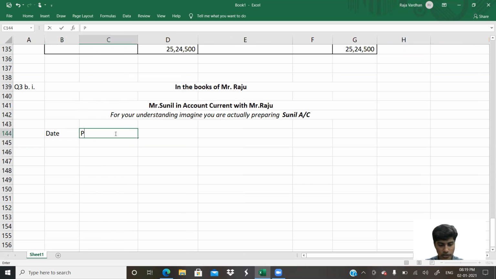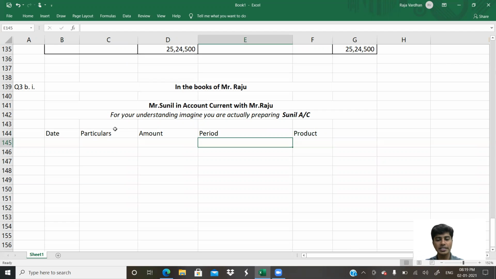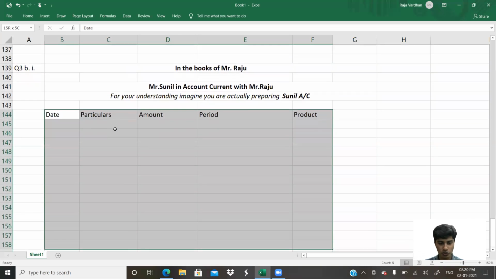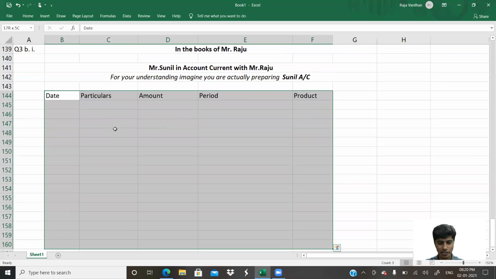Then I'll have particulars. After particulars, I will have, yeah, period. Okay, first I'll put amount, then I'll put period, then I'll have product. So this is one side. Same thing I would have to have on the other side also. So first I'll put proper box and all to this. Later I'll copy paste this to the other side.